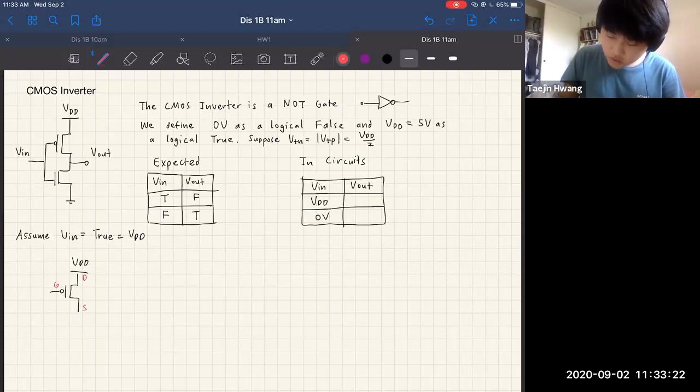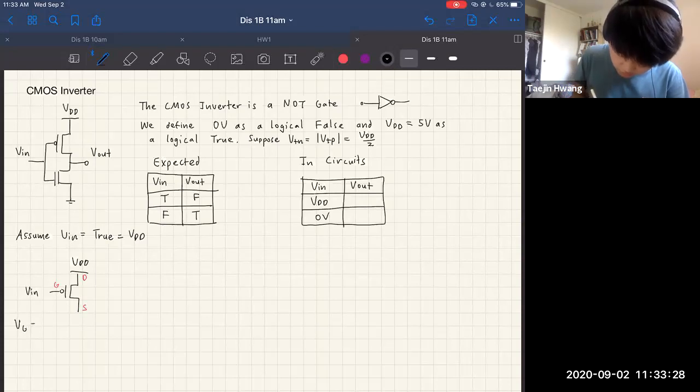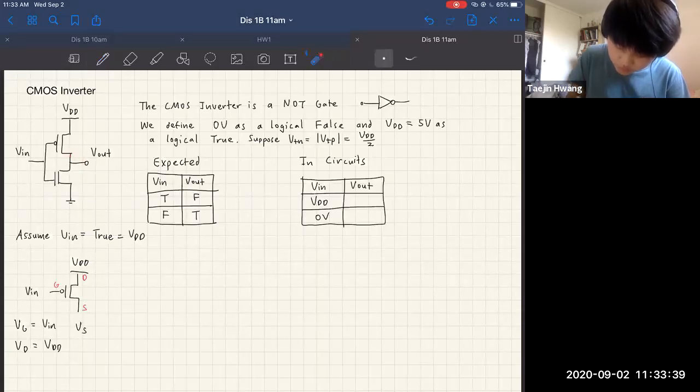We can identify each of these. We know that the gate voltage is equal to Vin. We know that the drain voltage is equal to VDD. And we know the source voltage, because if we trace the node here, it's equal to V out.